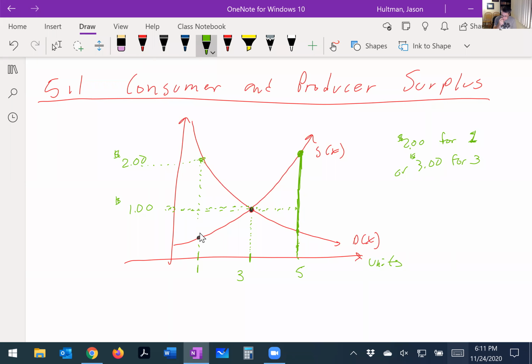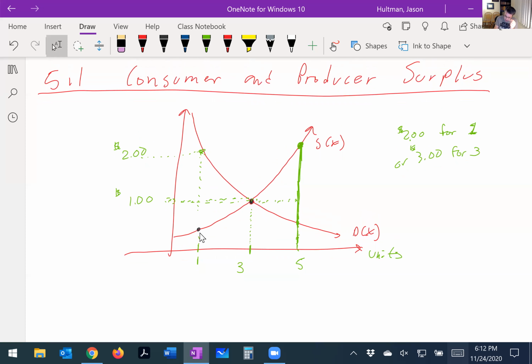So that's called producer surplus. There's a surplus in what's being produced, therefore it's offset. Let's first talk about the consumer surplus, and maybe the producer surplus will make a little bit more sense as we go along.